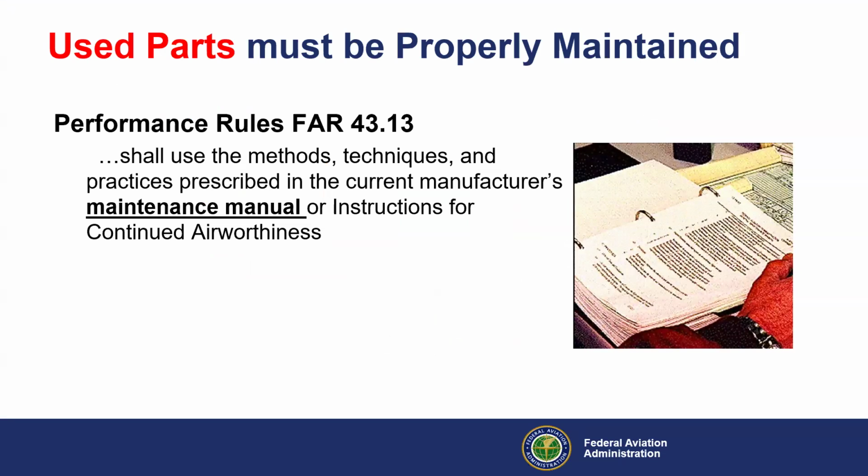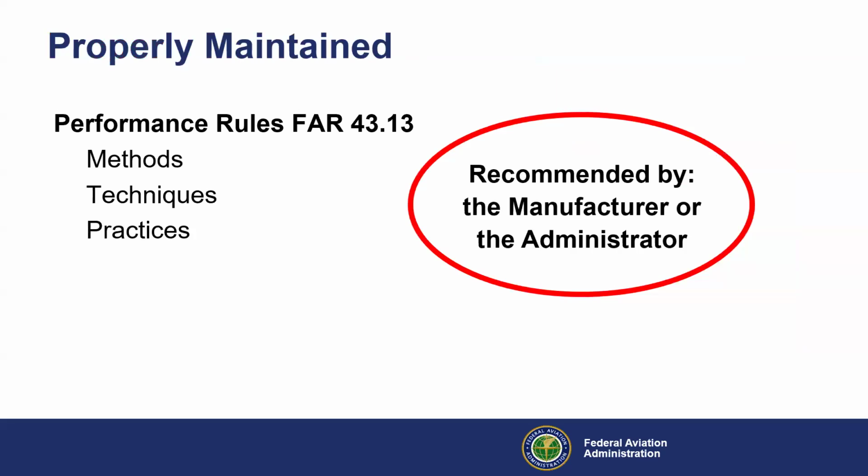So it goes back to the performance rule, 14 CFR 43.13, which says you shall use the methods, techniques, and practices prescribed in the current manufacturer's maintenance manual or ICA. You'll use methods, techniques, and practices recommended by the manufacturer or the administrator.